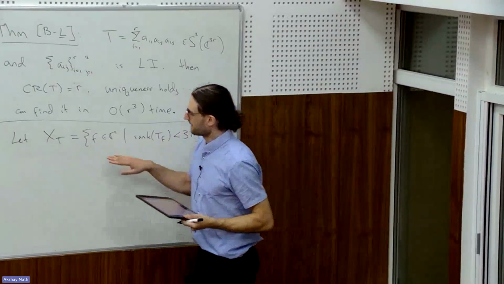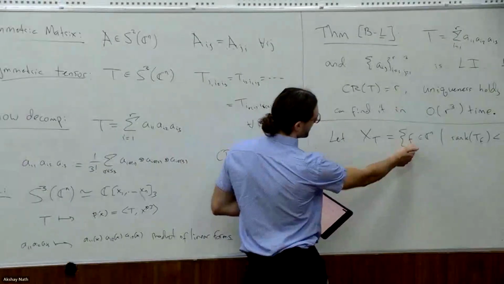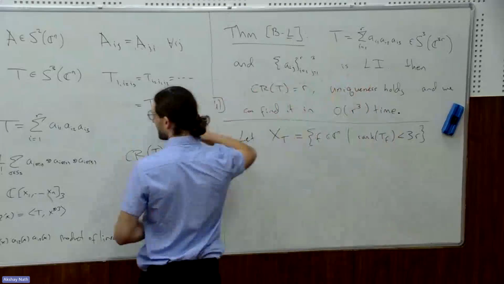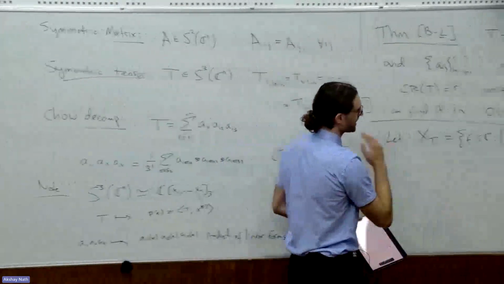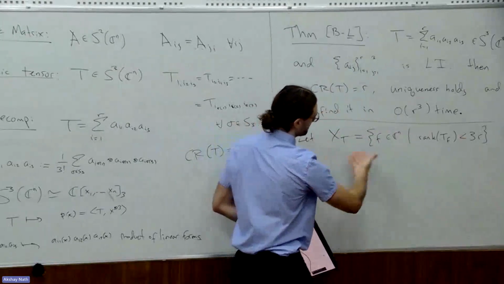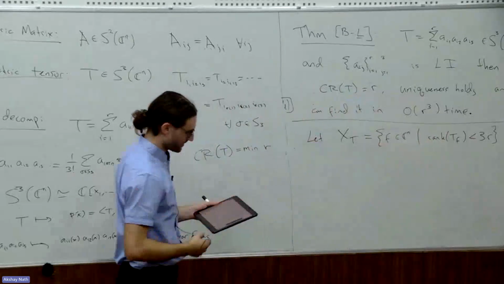Generically, if you plug in a random vector f, the rank as a matrix will be 3R. It's a symmetric tensor, but I can view it as just a tensor and do the same contractions as before. I'm defining this as the set of vectors where the rank is strictly less than 3R.